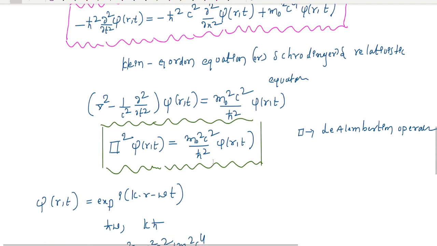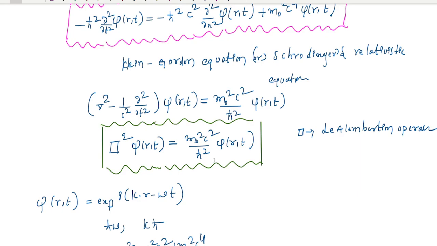So remember this one. After deriving the continuity equation, we'll get more points, I mean, how this Klein Gordon equation explains the positive and negative energy, density function, current density, all these things. If you want to derive the continuity equation from the Klein Gordon equation, you need to derive the continuity equation in relativistic quantum mechanics.